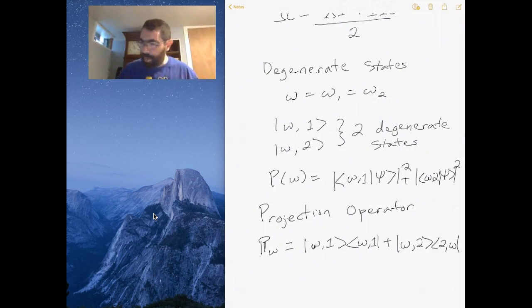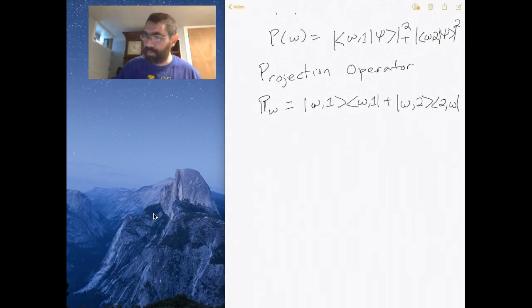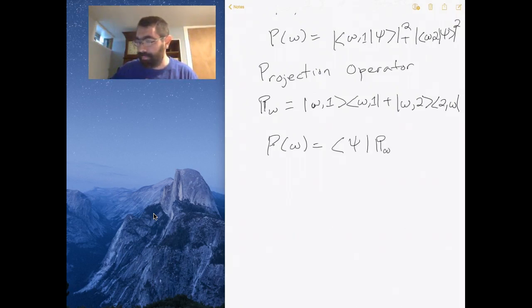So in the end, my probability to be in this state omega, or to get the answer, the eigenvalue of omega, would just be applying the projection operator to my general basis psi.